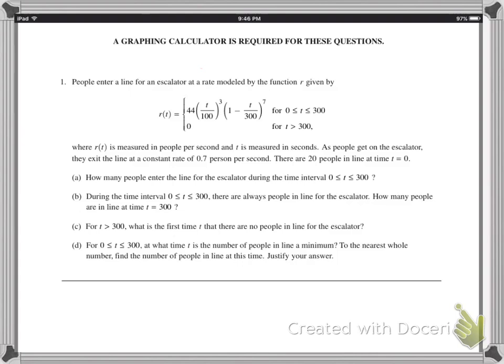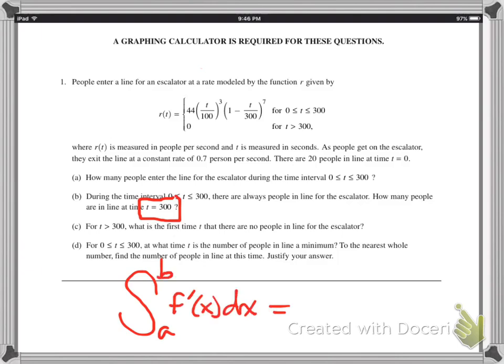This is going to be found using the fundamental theorem. Remember, the evaluation theorem says that the integral from a to b of f prime of x dx, some rate function, is going to be f of b minus f of a. So we want to use the evaluation theorem here to figure this out.